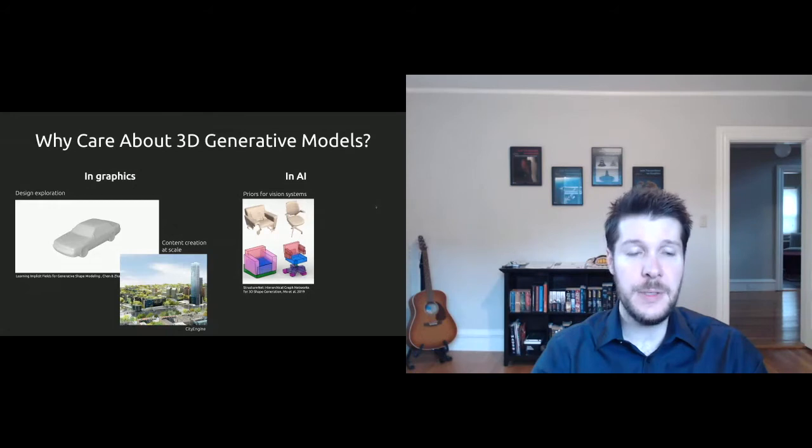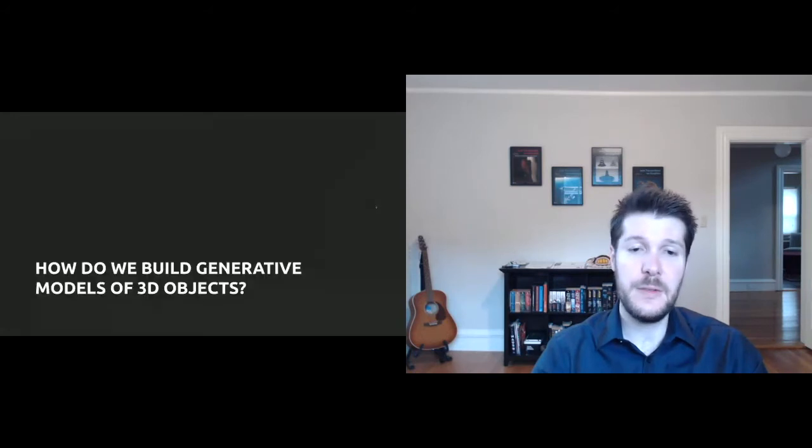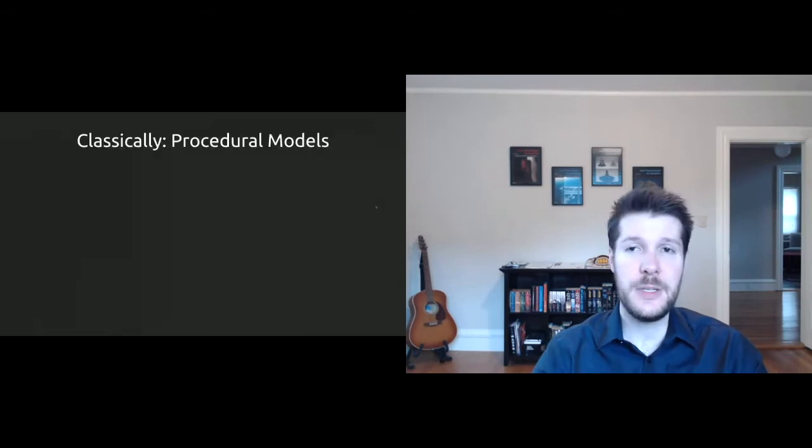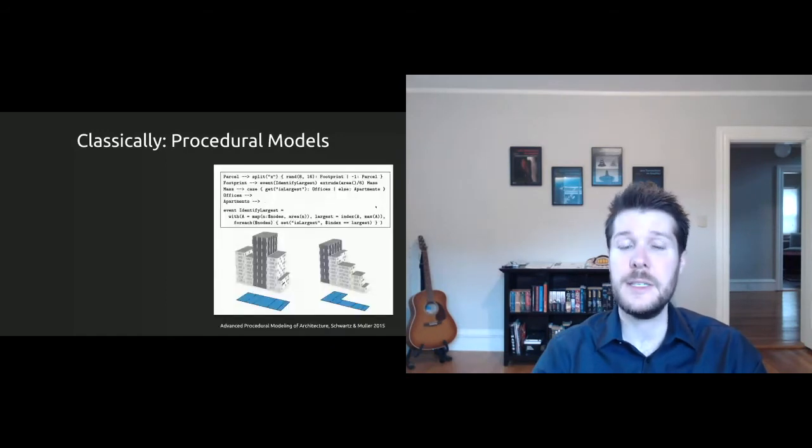So how do you actually build generative models of 3D objects? Well, classically, this is a discipline that started in computer graphics. We would use procedural models, so basically programs that output geometry. Here's an example of a recent-ish paper on procedural modeling of architecture.